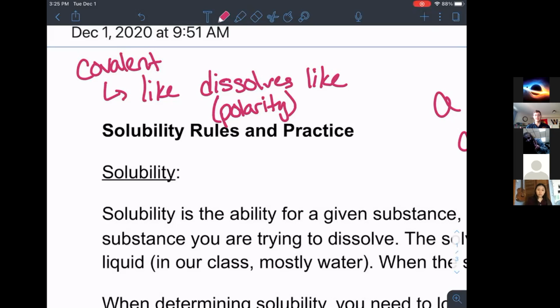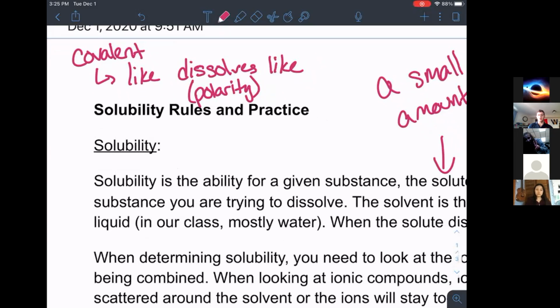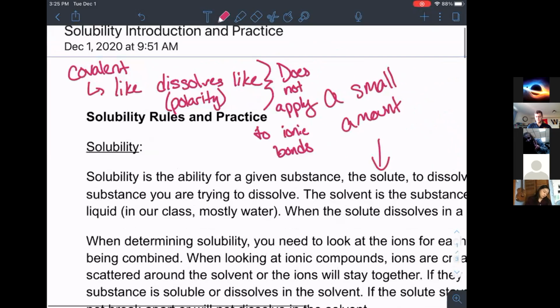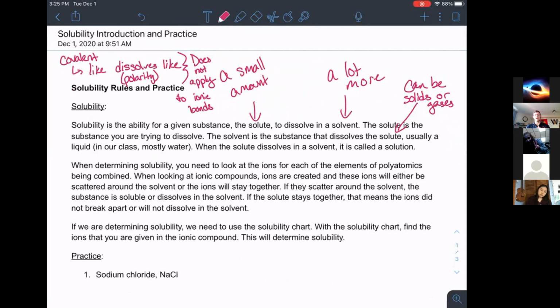This has nothing to do with our ionic compounds, because we're going to be putting a bunch of ionic compounds in water, especially, and water is always a covalent bond, which means that this does not apply to our ionic bonds. That's just when we're talking about our polarity.